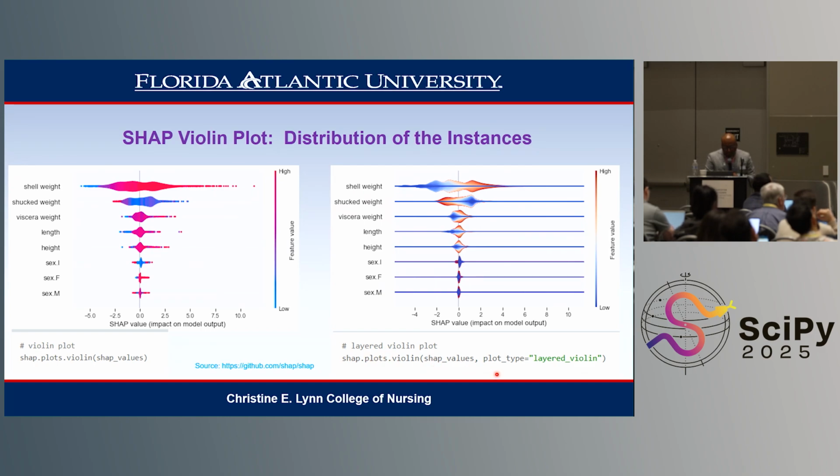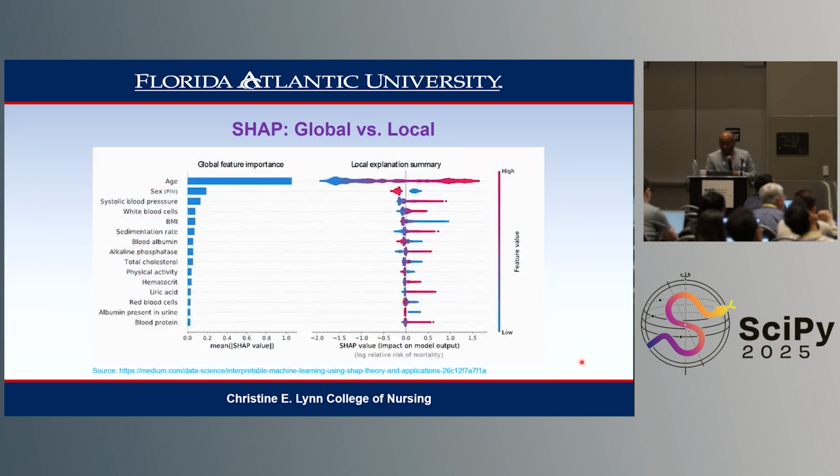And here we change it a little bit. We added a little violin here, a layered violin. It is a layered violin plot type. I never used this layered violin before. Anyway, this is again interesting, so you can plot both side by side. This gives you the global, and this also gives you the local.